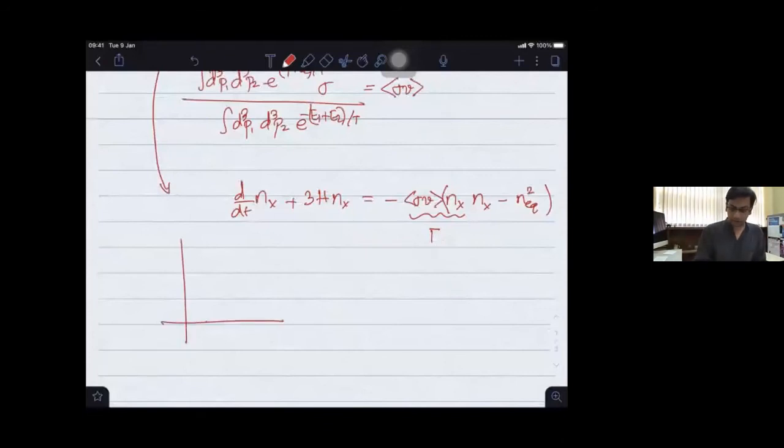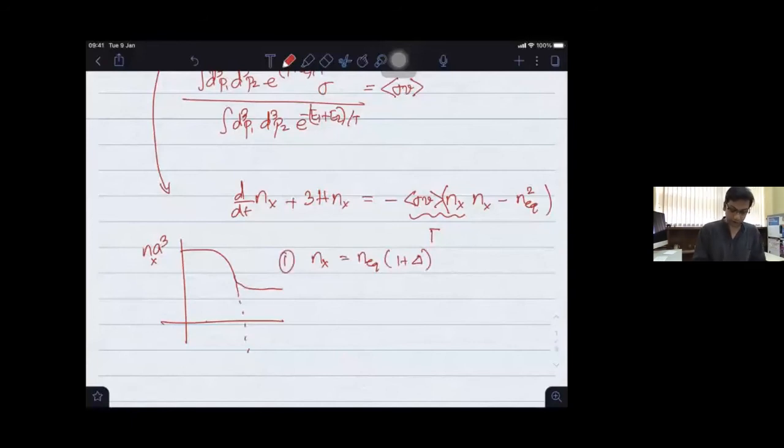If you look at this equation, you will find that initially n_x a cubed falls like this, and this is the equilibrium solution, and then it departs and goes like this. The way to solve the equation is to say that n_x is equal to n equilibrium times some small departure, and you solve for small delta.